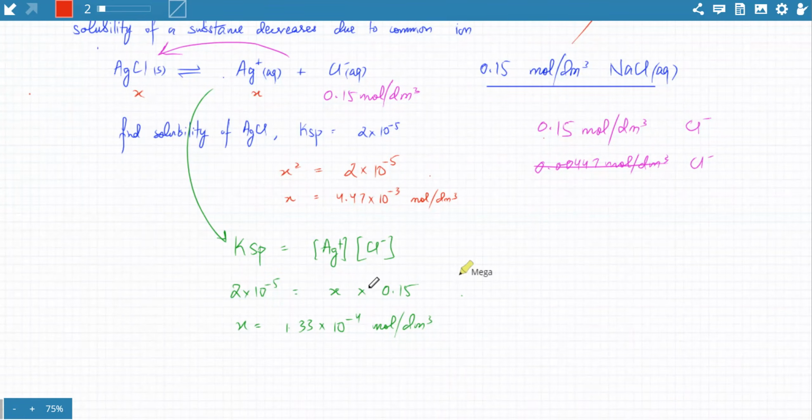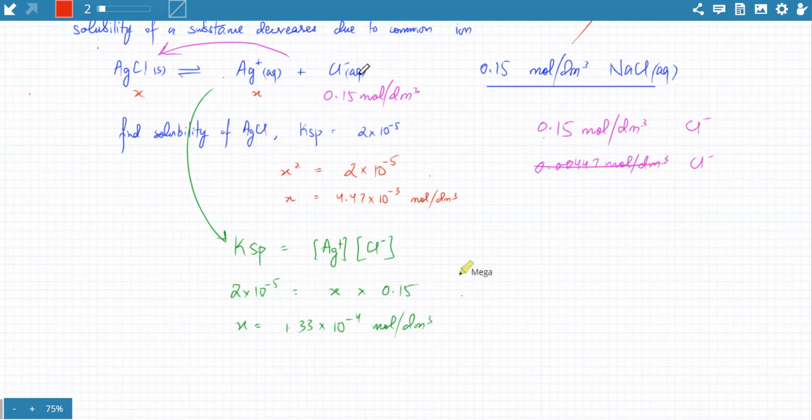And that's pretty much it. Okay, this probably sums up all of KSP. Remember that you'd be asked three types of questions. One would be to find KSP. The other one would be KSP would be given and you would be asked to find solubility. And the third one is the common ion effect. If a solution already contains one of the ions that's going to be coming from the salt, then you do the same thing except that the common ion concentration is already coming from another salt.